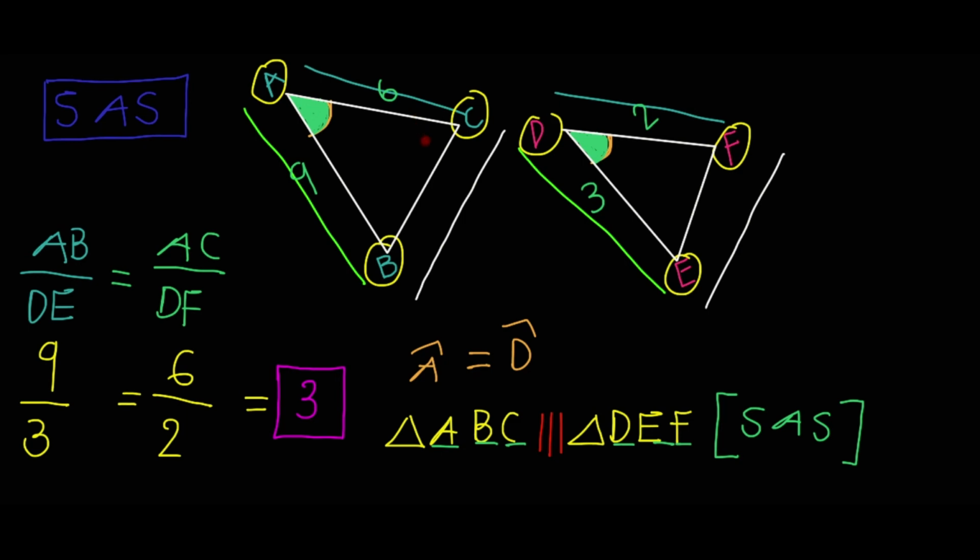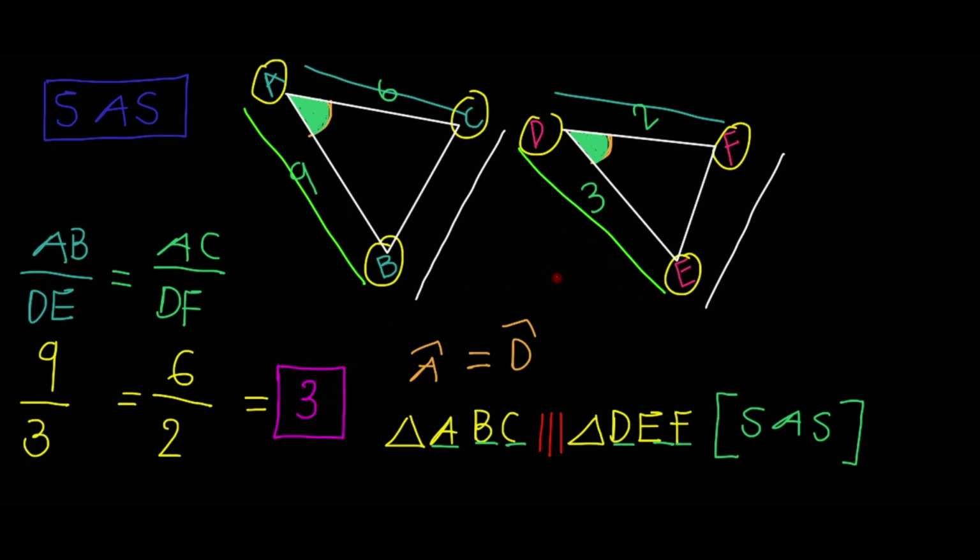Their ratios will still be equal even though they will not give 3. DE over AB will be 3 over 9, and 3 over 9 is 1 over 3. DF over AC will be 2 over 6, which gives 1 over 3. But the ratios will be equal at the end even though they are not 3, because you will have started with the second triangle.